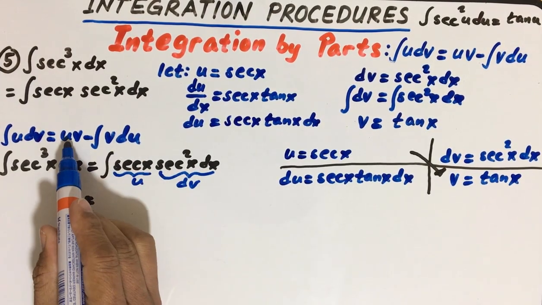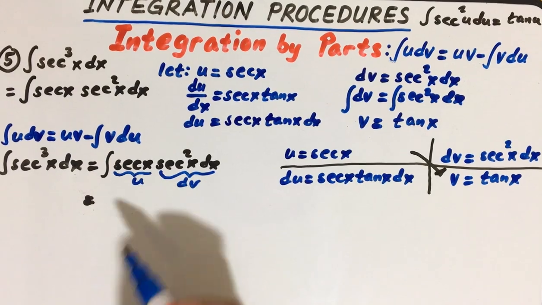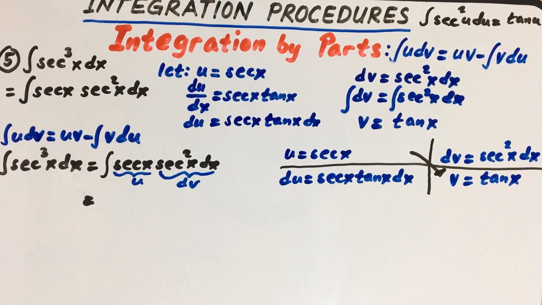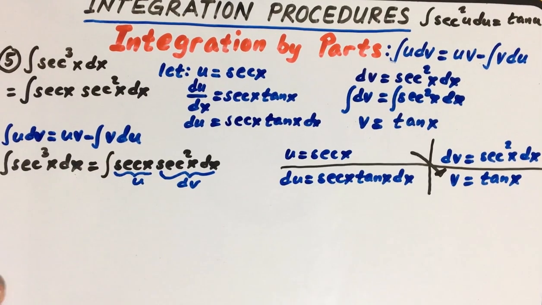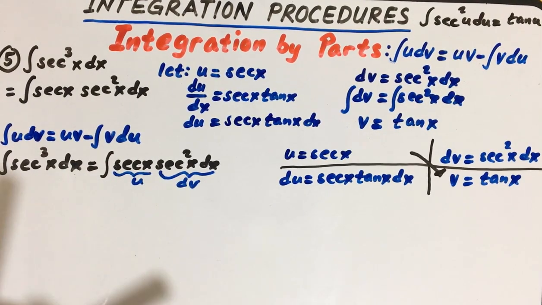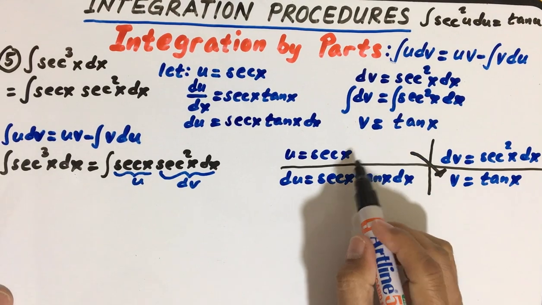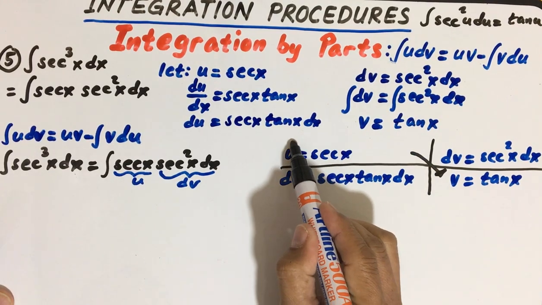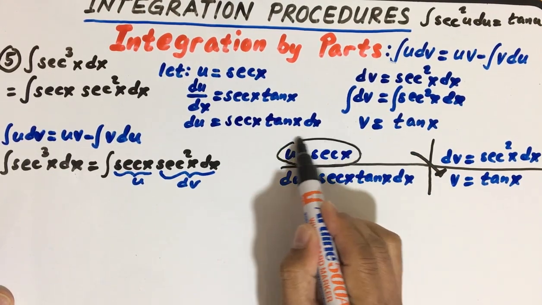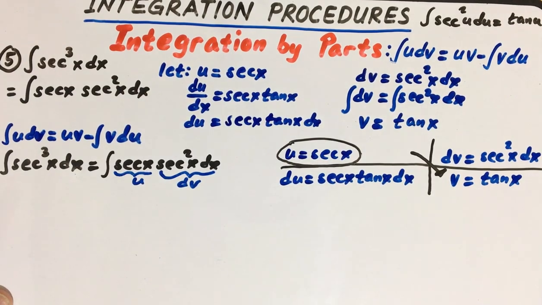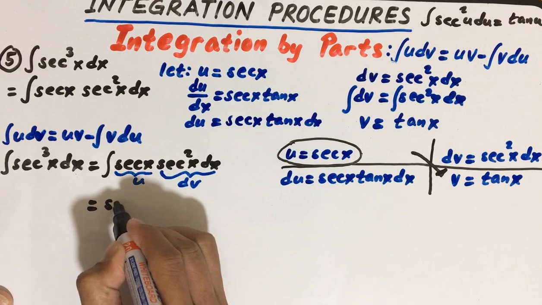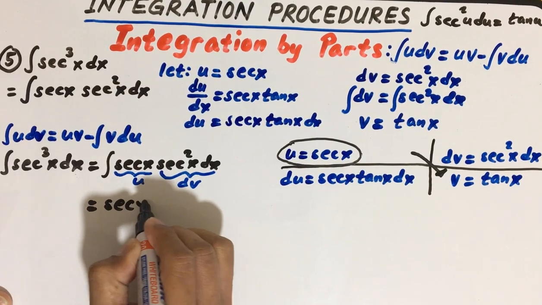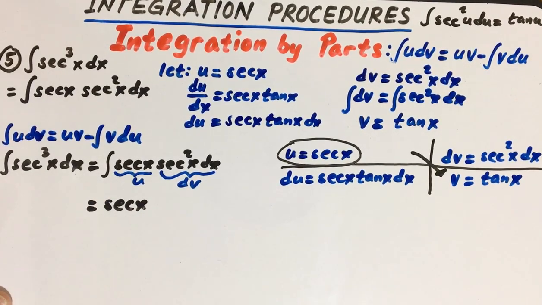So using the formula, u times v. Writing the value of our u and our v: this is our u, which is equal to secant x. Then times v, so our v is equal to tangent x.